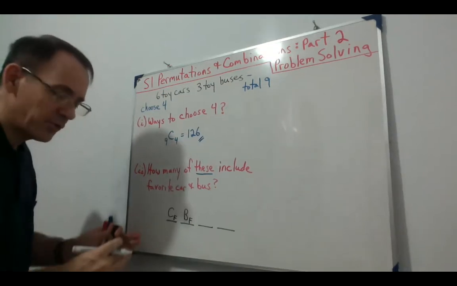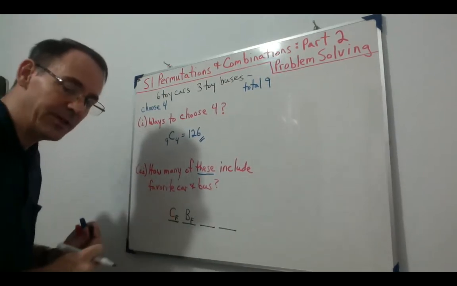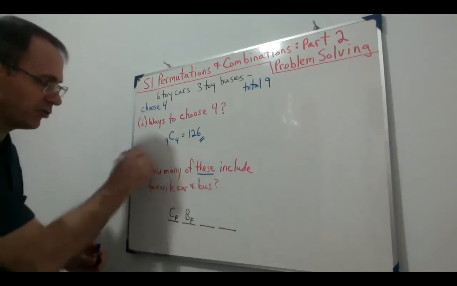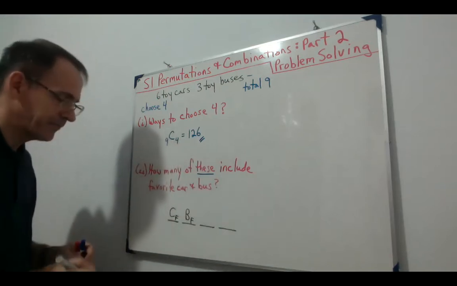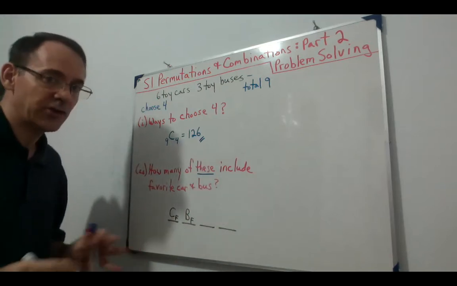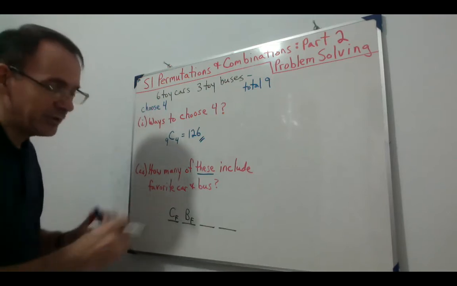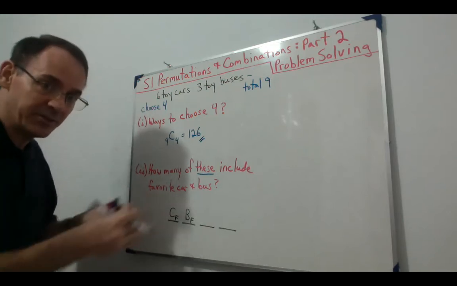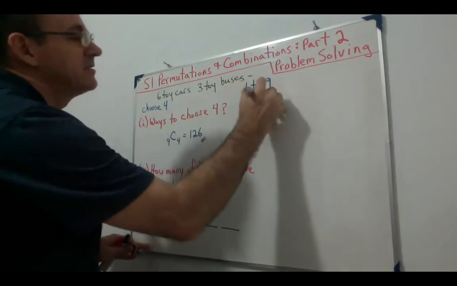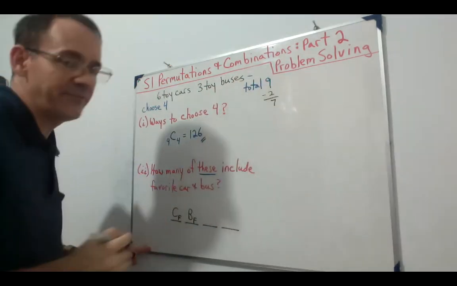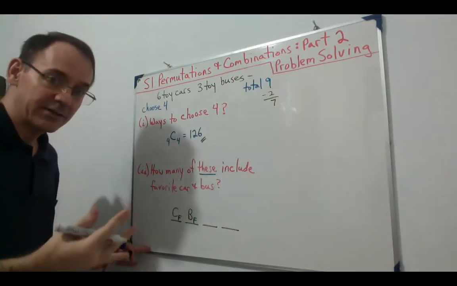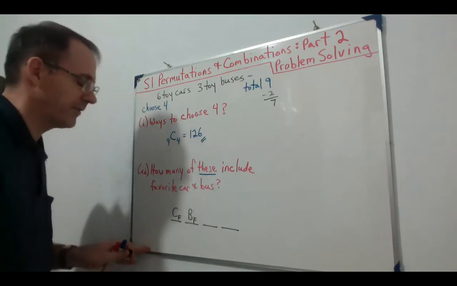Okay, so in other words, we are already determining them to be a part of the group because that's what it's asking for. So that leaves us 2 slots left. Well, if 2 of the vehicles are already said to be chosen, then that means we now have 7 vehicles left to choose from.